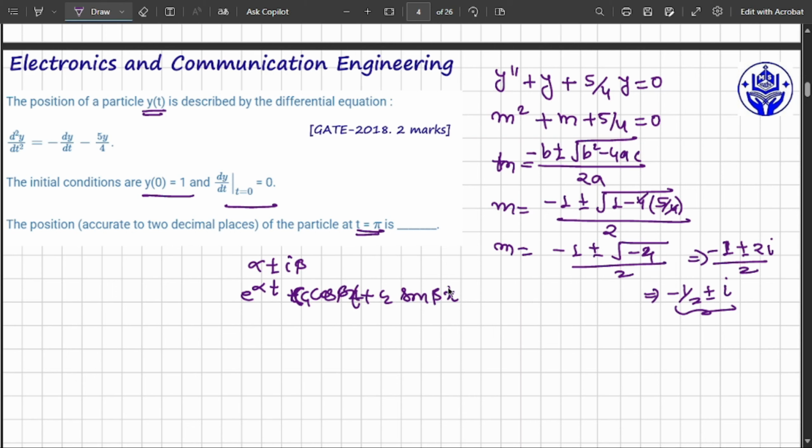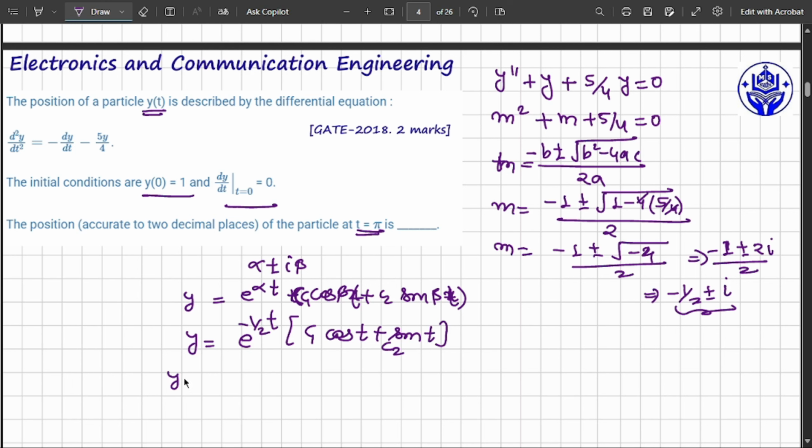Now this will be my y, so here it is e to the power minus 1 by 2 t, and it will be c1 cos of t plus c2 sine of t.